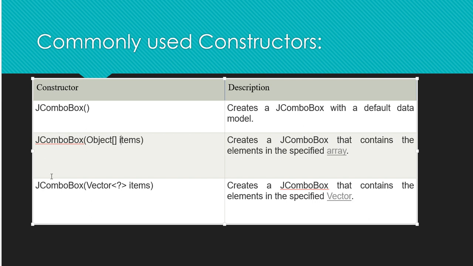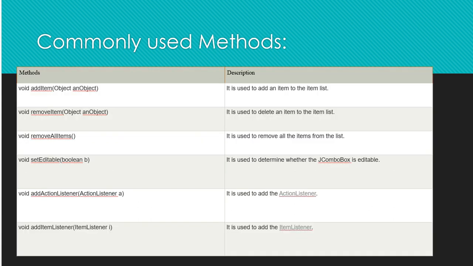Now we can see the methods for JComboBox. The methods are addItem, removeAllItems, setEditable, addActionListener, addItemListener. I will explain these methods briefly. addItem is used to add an item to the combo box.